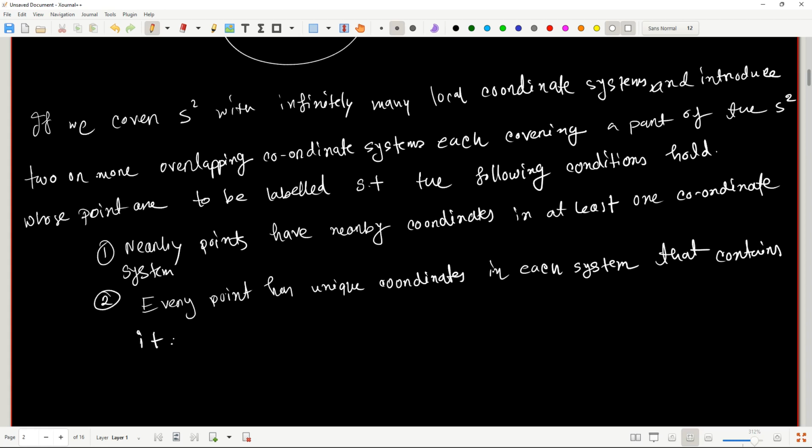And if we go back to the example of the sphere, what we can do to cover all the points on the sphere is that we may introduce two stereographic coordinates on S2, and since we had trouble with the North Pole and the South Pole, we can introduce one projection from the North Pole and the other from the South Pole.